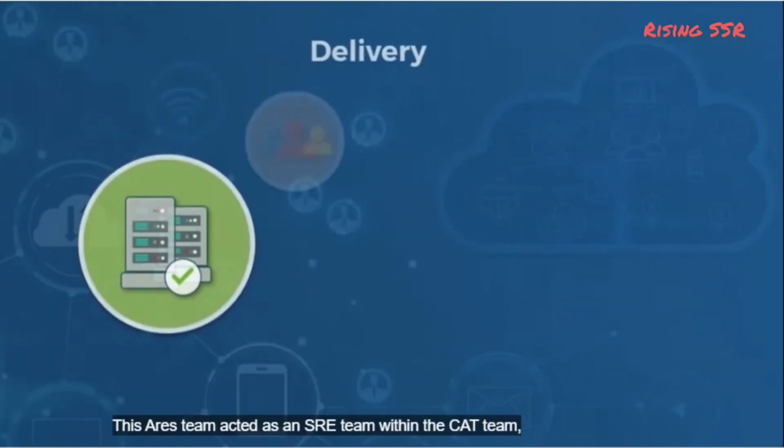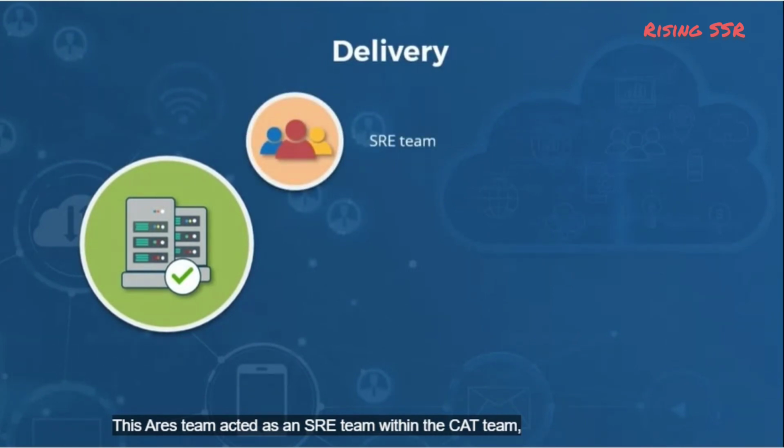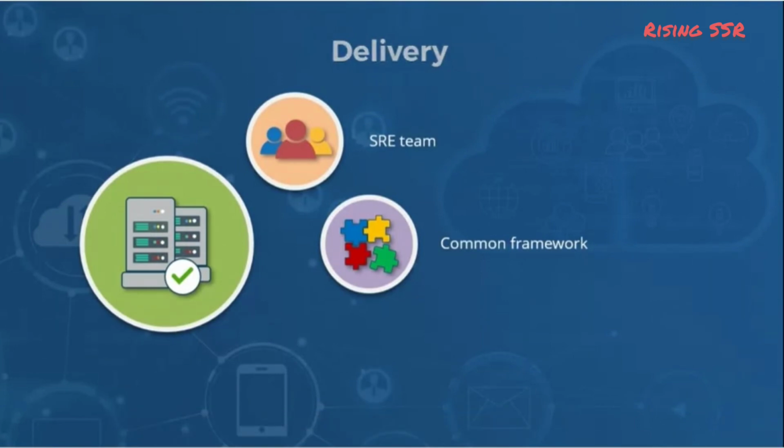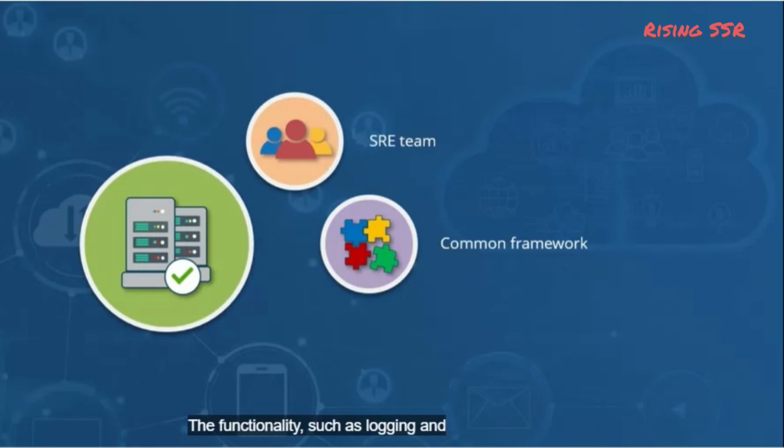This REs team acted as an SRE team within the CAT team, doing the operations work of maintaining a common framework. This common framework served to make CAT services that were architecturally diverse more consistent. The functionality, such as logging and storage, were written as microservices, forming a layer of common code that met standards and could be reused in all CAT rapidly designed services.